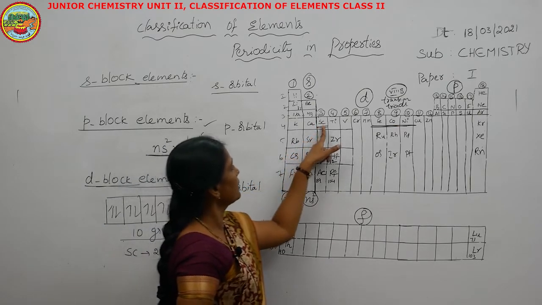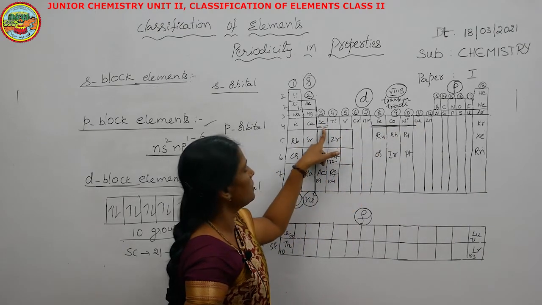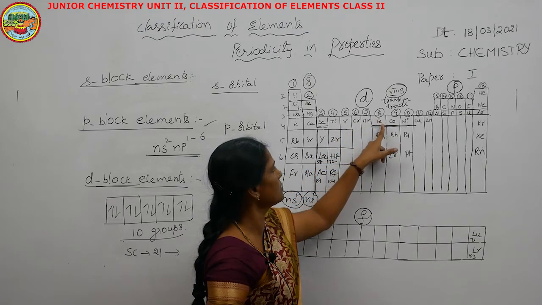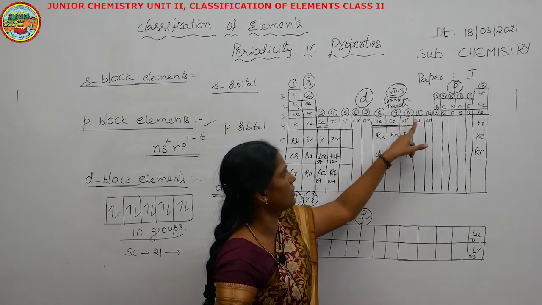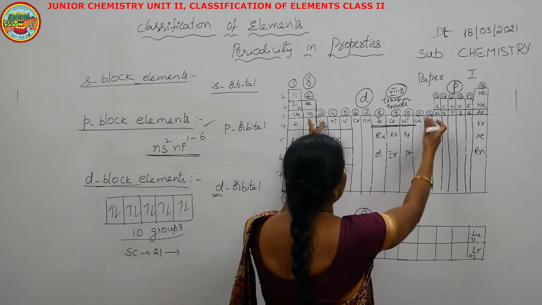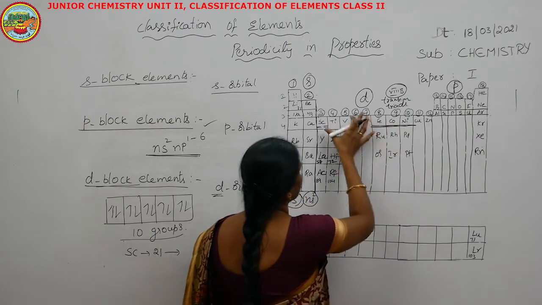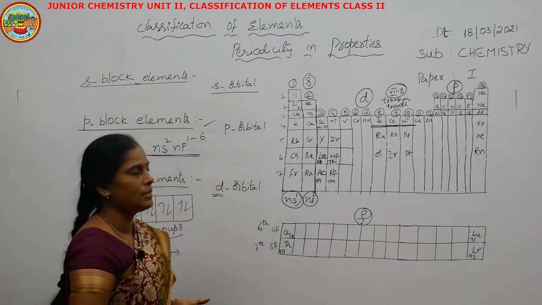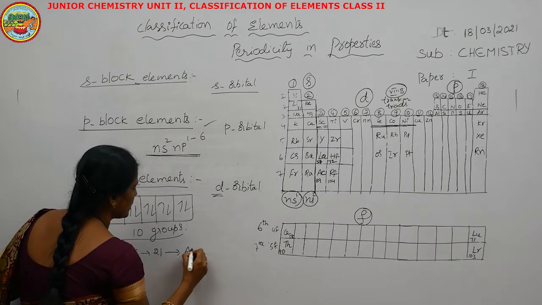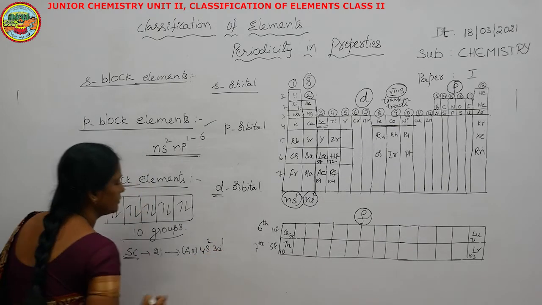Scandium, the first row of the d block: scandium, titanium, vanadium, chromium, manganese, iron, cobalt, nickel, copper and zinc. So with this the d block is completed. 10 elements, 10 groups. The first, scandium, starts with argon 4s2 3d1.